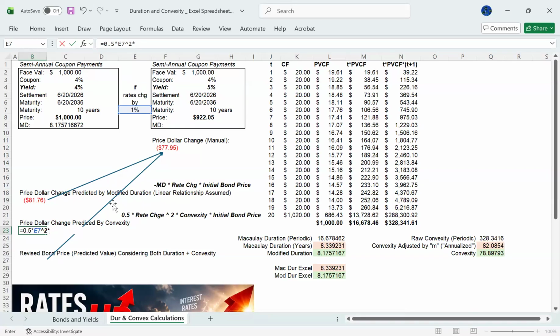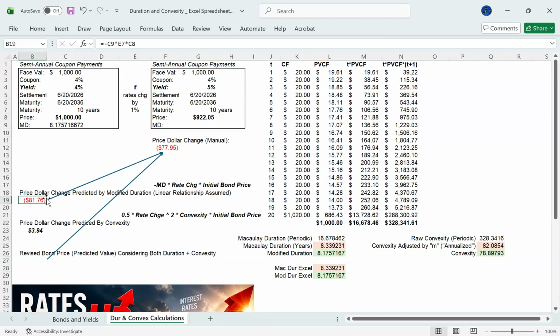And then multiply by the change we expect in the rate squared times the convexity, which we have here, times the initial price of the bond, which is what we have here. And then this is the positive adjustment. So now when I consider both, this is the negative adjustment.